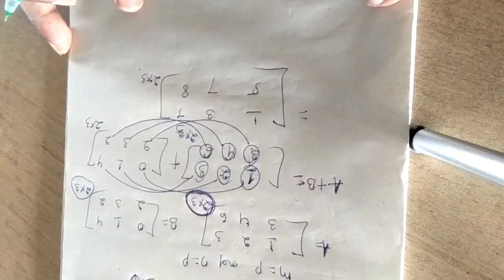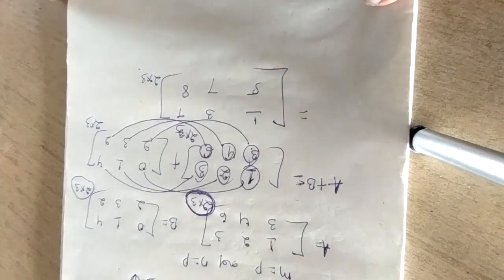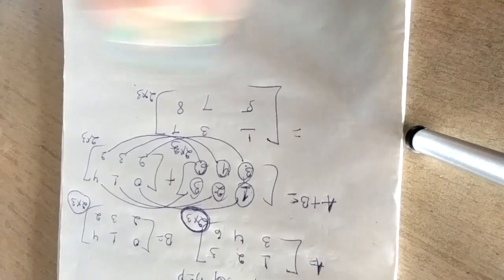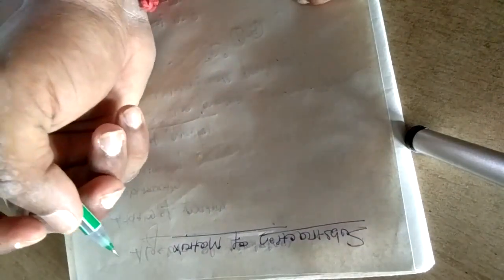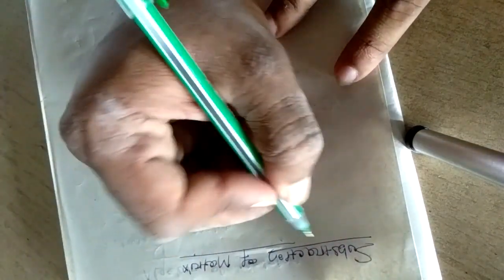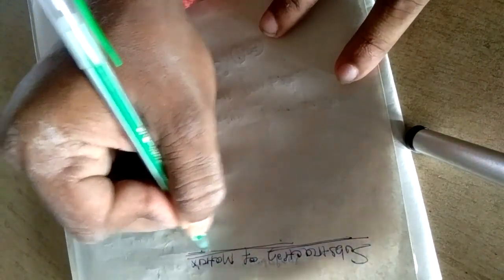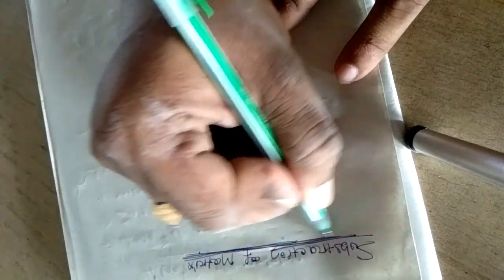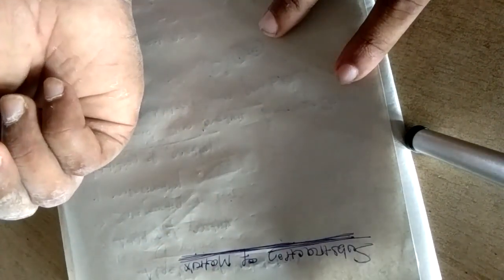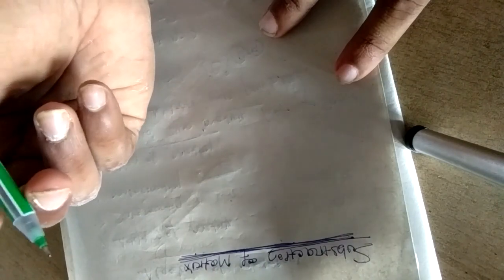This is the addition of two matrices. Similarly we can subtract two matrices. Subtraction of matrices will be possible in the same way, if the order of the matrices is same, then subtraction will be possible.